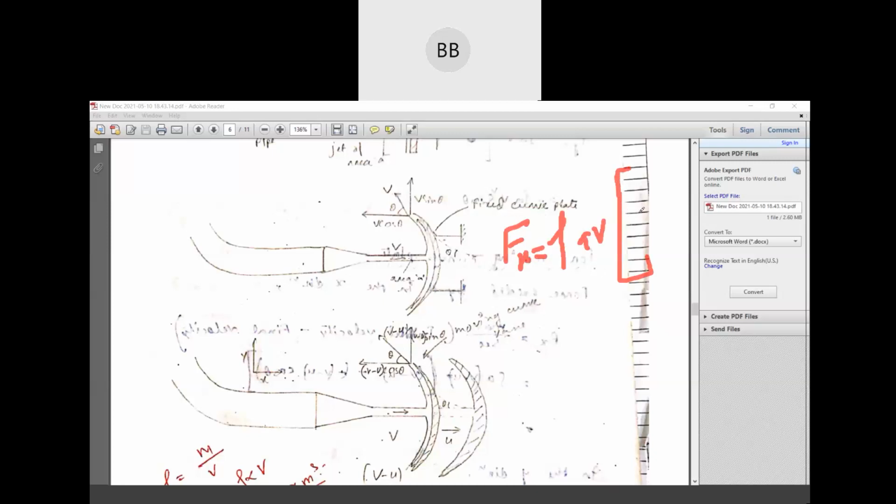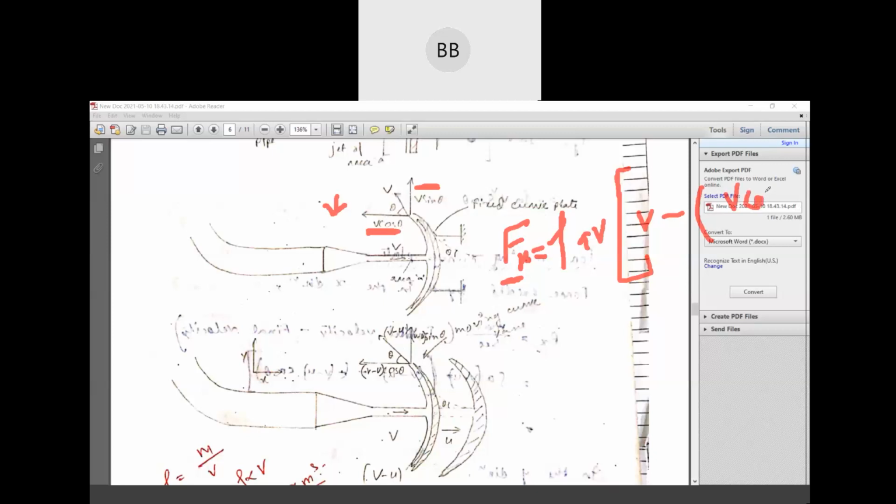Initial velocity is V in the x direction, minus the final velocity in the x direction. We have resolved into two components, one is V cos θ and one is V sin θ. As we are considering the x direction, we have to consider V cos θ because your V cos θ is in the x direction.